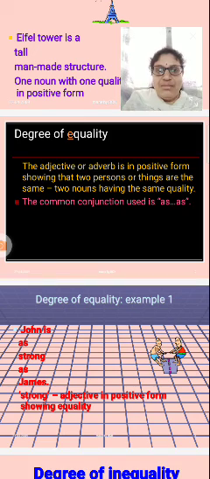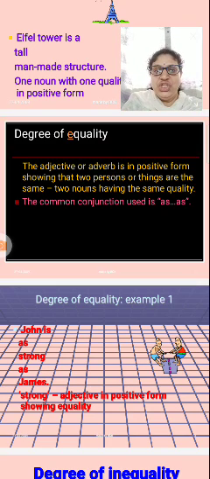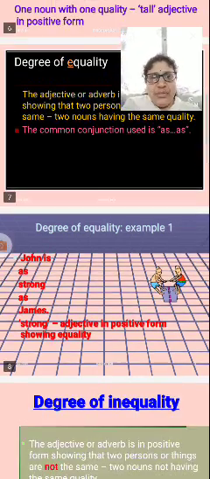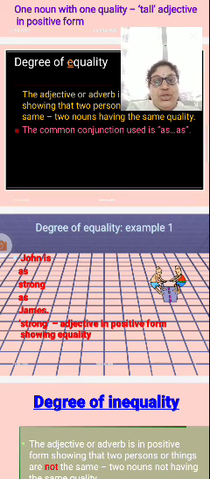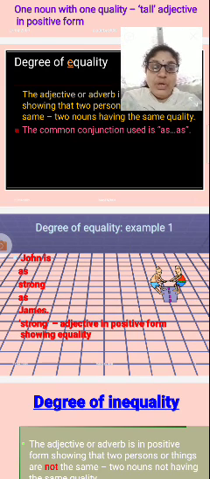From here we are going to take the example, with the help of the conjunctions. In this degree of equality, we take the help of the conjunctions as and as. How? John is as strong as James. Why are we taking the help of conjunctions?